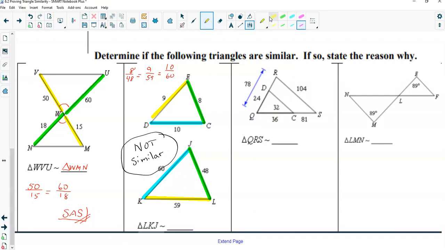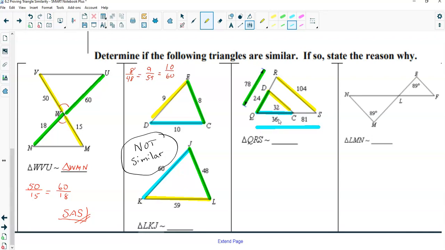Well, this side would correspond to that side right there. This side right here in the small triangle will correspond to the long side of the big triangle, from here to here. And this side in the small triangle would correspond to the long side, which goes from here to here.